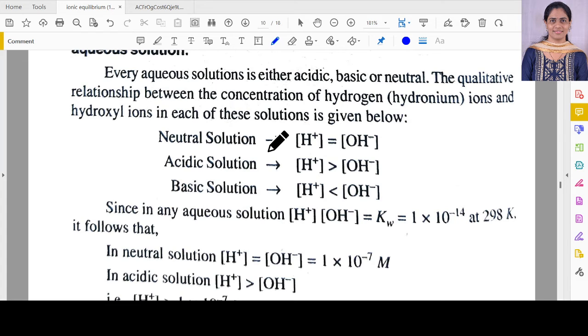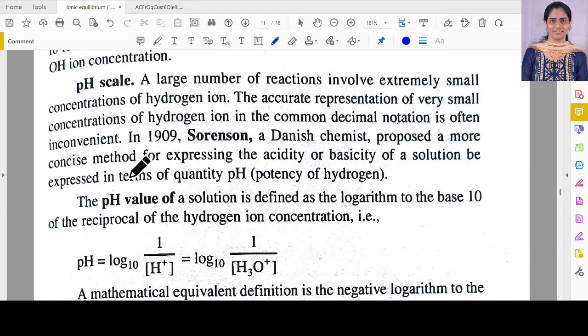So if both H plus and OH minus have the same concentration, the solution is neutral. If it has more concentration of H plus ion, the solution will be acidic, or if it has more concentration of OH minus ion, it will be a basic solution. Then we derived the pH scale.